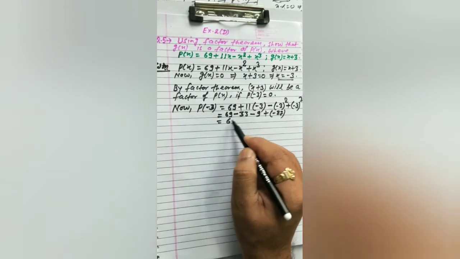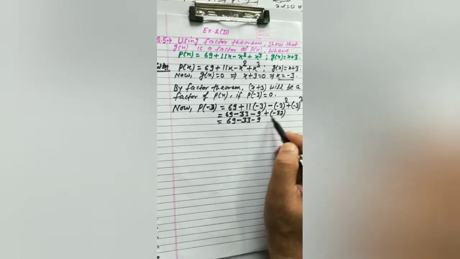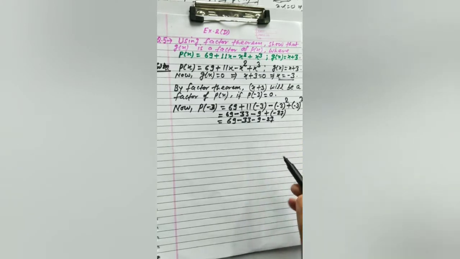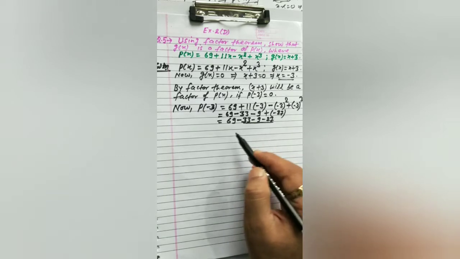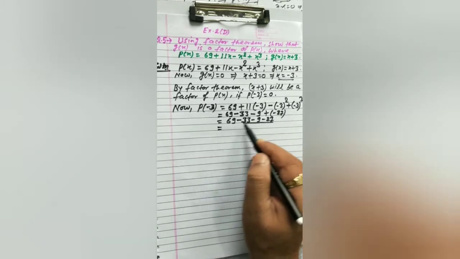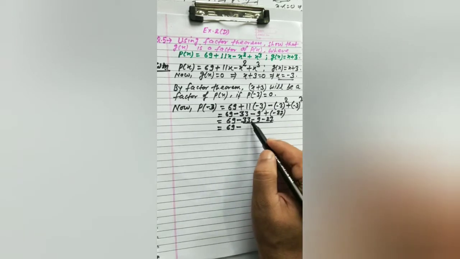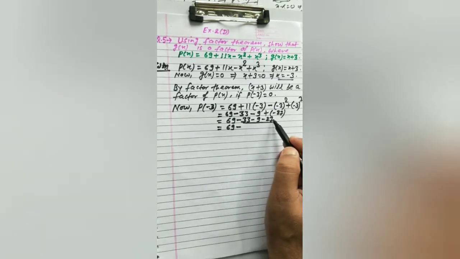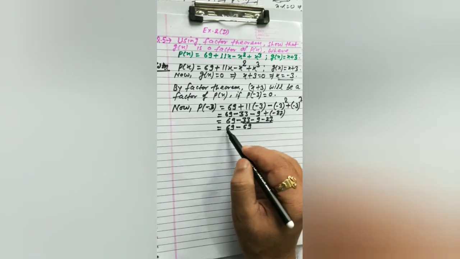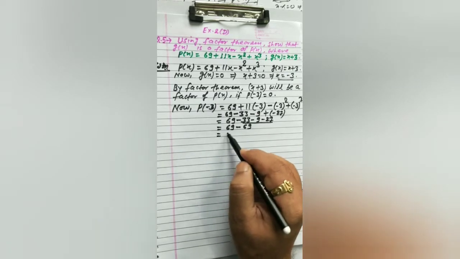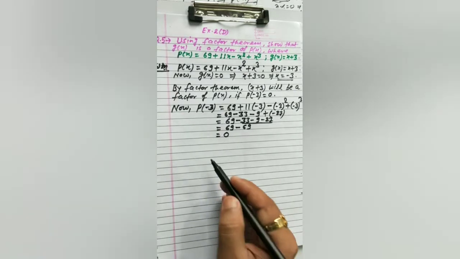This implies that it will be 69 minus 33 minus 9 minus 27. Now all these three are negatives, so add them and the sign will be negative. So we have 69 minus, 33 and 27 will be 60, and 9, 69. Now this will give the value 0. 69 minus 69 is equal to 0.